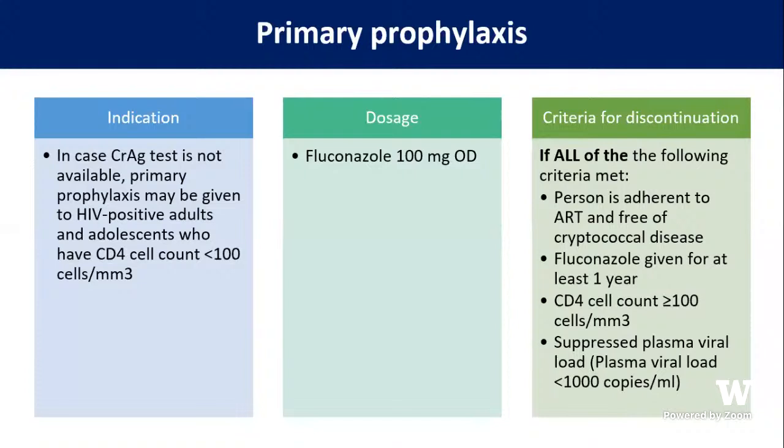For primary prophylaxis, the person should be adherent to ART and free of disease, with fluconazole given for at least 1 year, CD4 count greater than or equal to 100 cells, and a suppressed plasma viral load. It's not one or two of these, but all of these. Viral load is taken as part of the criteria for discontinuation of primary prophylaxis. And I want you all to understand that this recommendation applies when you do not have a CrAg test available within the facilities. Next slide.